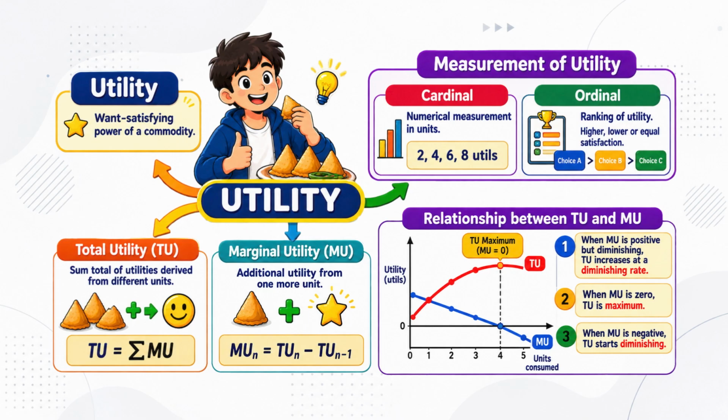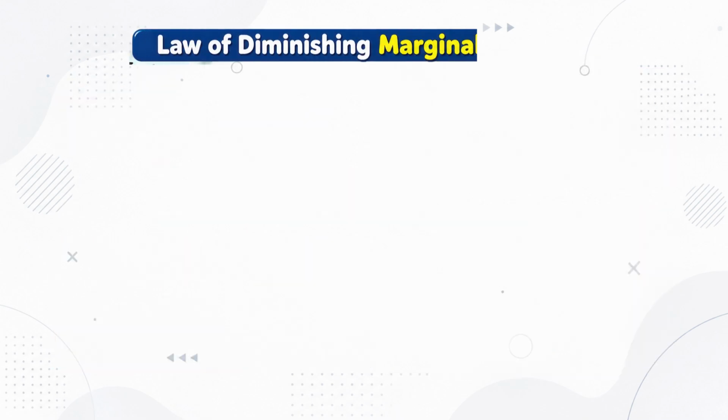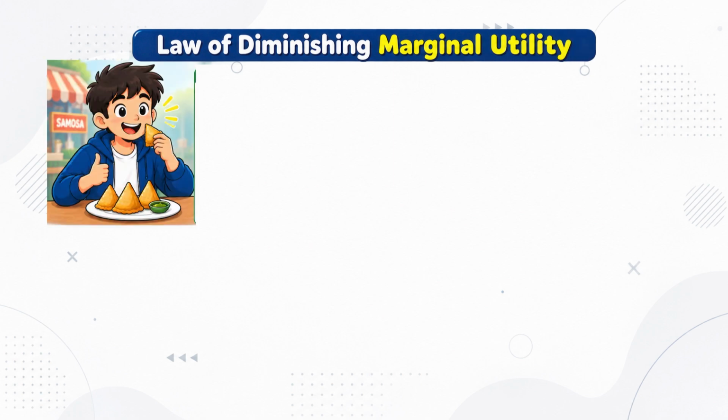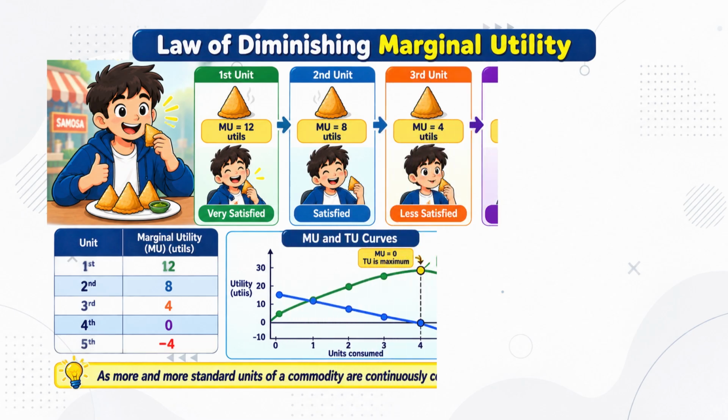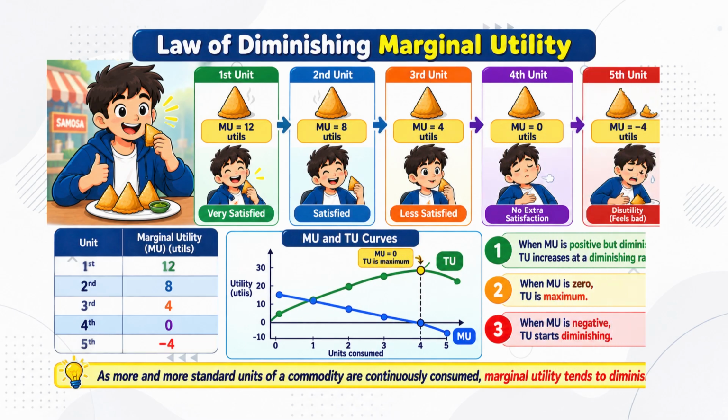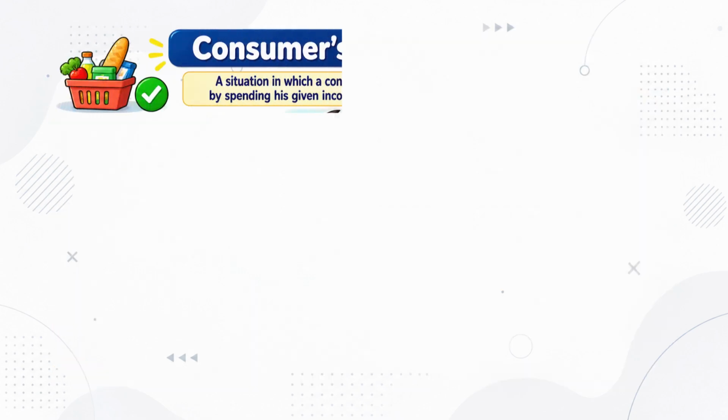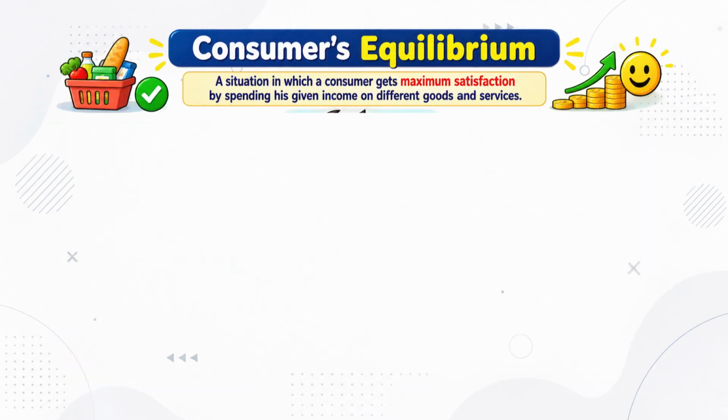When marginal utility is negative, total utility starts diminishing. The law of diminishing marginal utility states that marginal utility tends to diminish as more and more standard units of a commodity are continuously consumed by a consumer. Now, let us look at consumer's equilibrium.